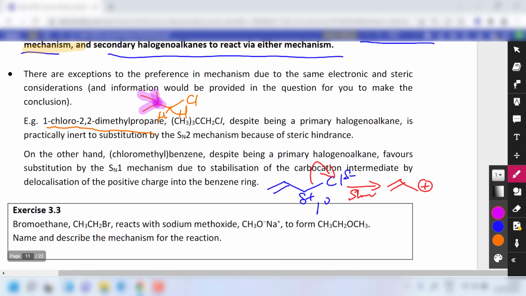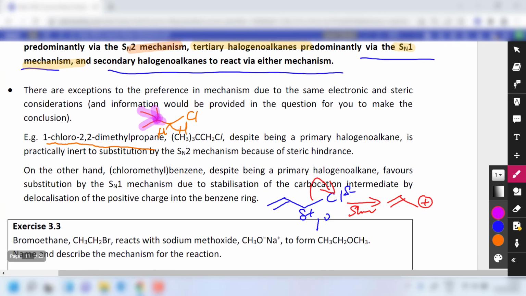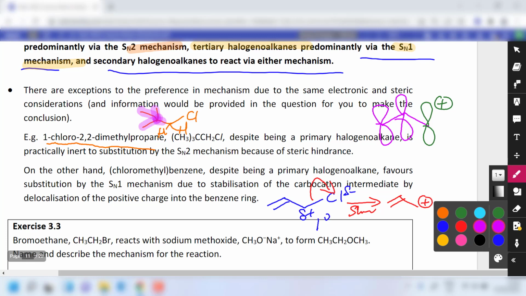How do we know that it's quite stable? So if I draw up an orbital diagram for you to take a look, we have the C=C pi bond represented with the purple p orbital, and then we have the p orbital which is empty, represented by the green lobe. You'll notice that the empty p orbital can form a continuous overlap with the C=C pi bond.